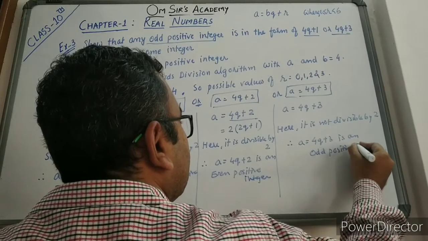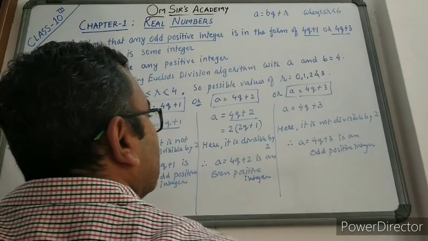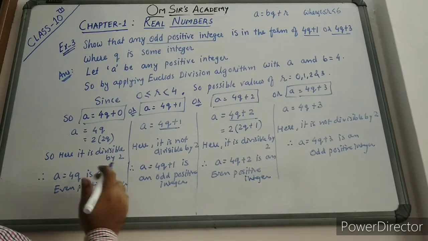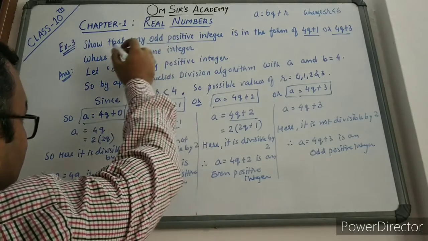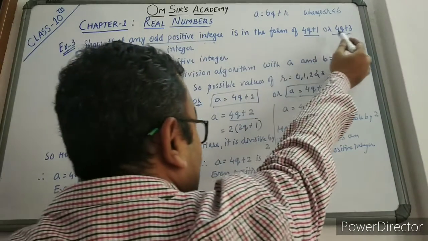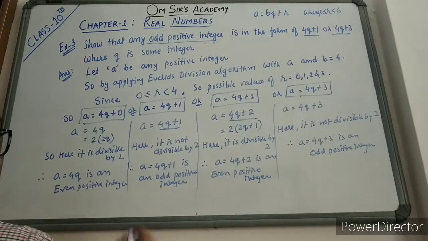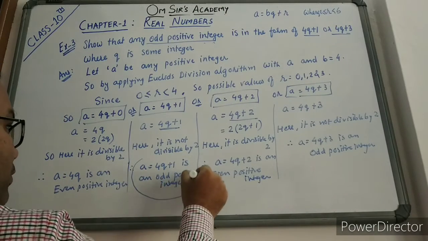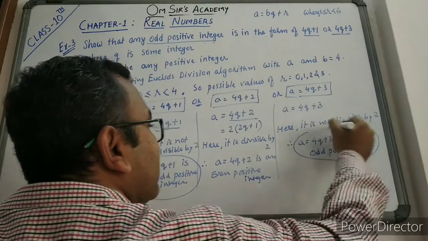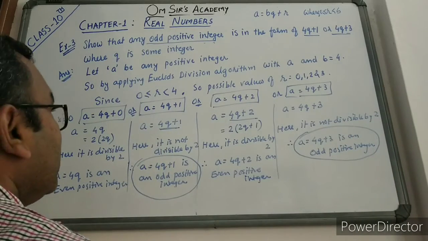Is it clear, friends? We were asked to prove that any odd positive integer is in the form of 4q plus 1 and 4q plus 3. So we have proved this: 4q plus 1 is an odd positive integer and 4q plus 3 is an odd positive integer.